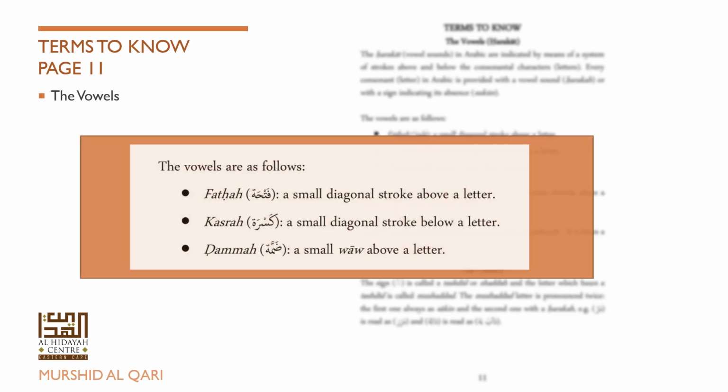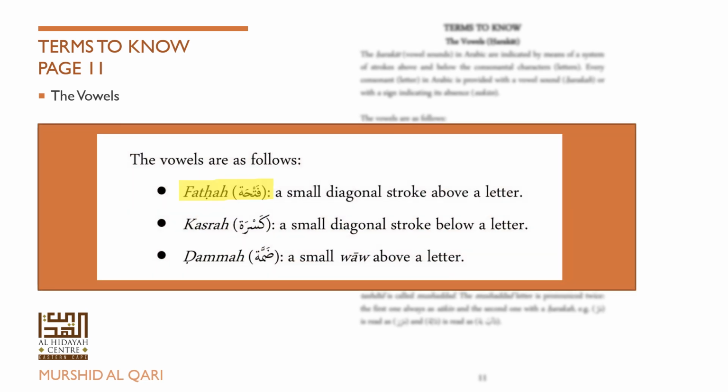The vowels are as follows: a fatha, a small diagonal stroke above a letter. So fatha, from the word fataha, fatha literally means to open, so the sound should also be open, fatha, ah. So another example would be, so at times the fatha won't always have that sound.